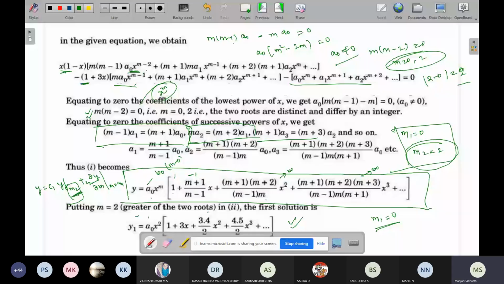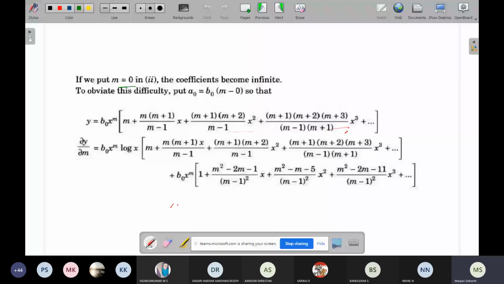When we multiply m from outside, the m's cancel out. So when you substitute this root, it will not go to infinity. If we put m = 0, the coefficients become infinite, so we put this. Up to here, clear? We have replaced a₀ by b₀ m, multiplying m inside.